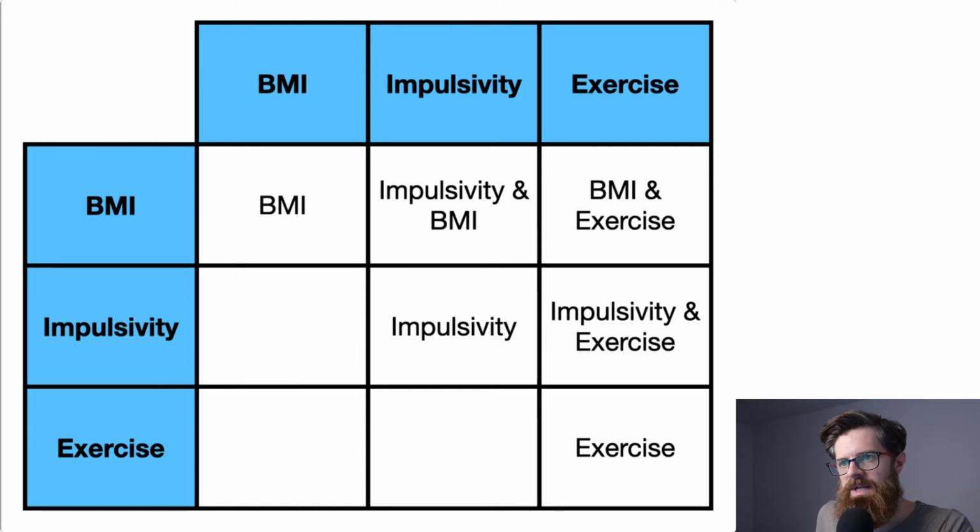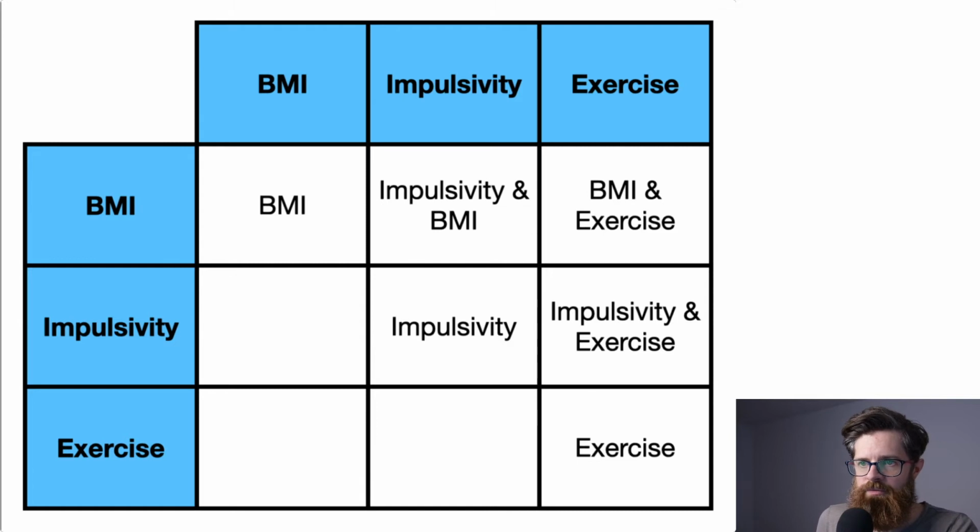Well, this now creates many possible combinations of things that you could talk about in your literature review. So you could say, what is known about body mass index? What is known about impulsivity? What is impulsivity? How do people measure it? And equally, you could ask, what are the forms of physical exercise that people can have, either just walking around, or if they're doing particular sporting activities? How are these things measured, perhaps?